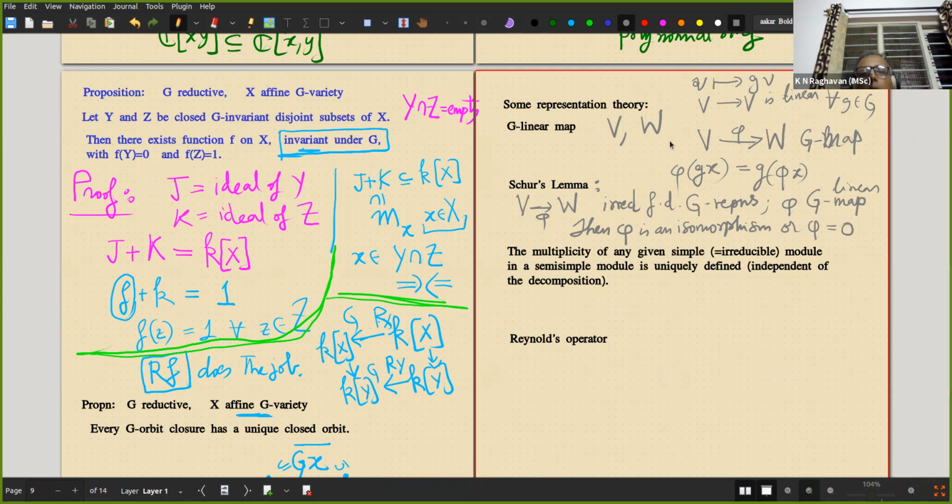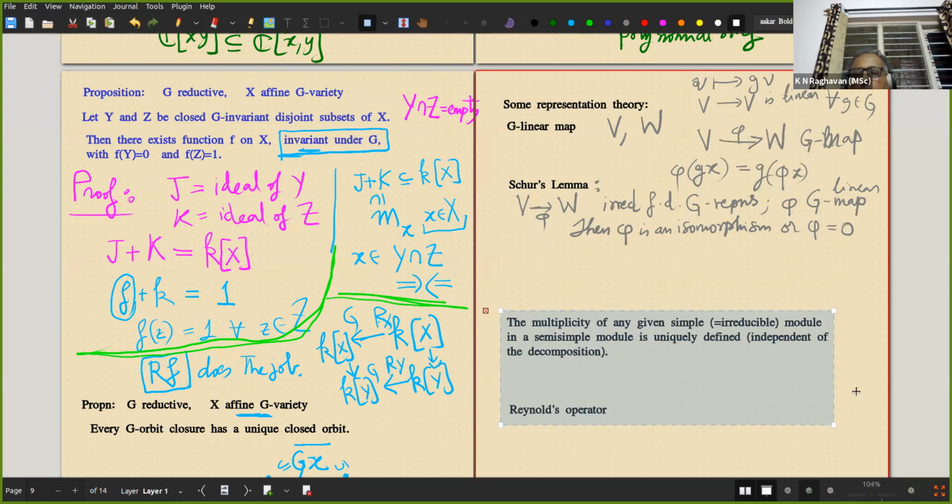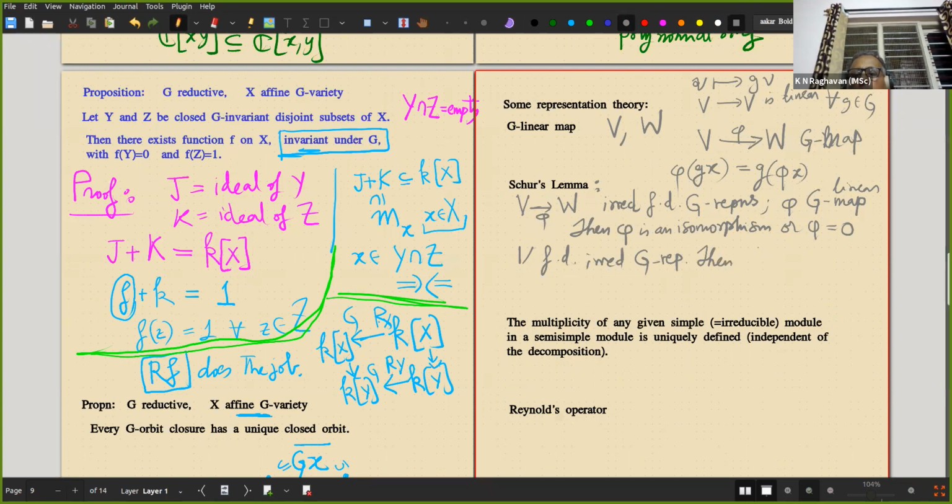Now, another important thing here is, if V is a finite dimensional irreducible G representation, then the G endomorphisms of V is just the scalars.